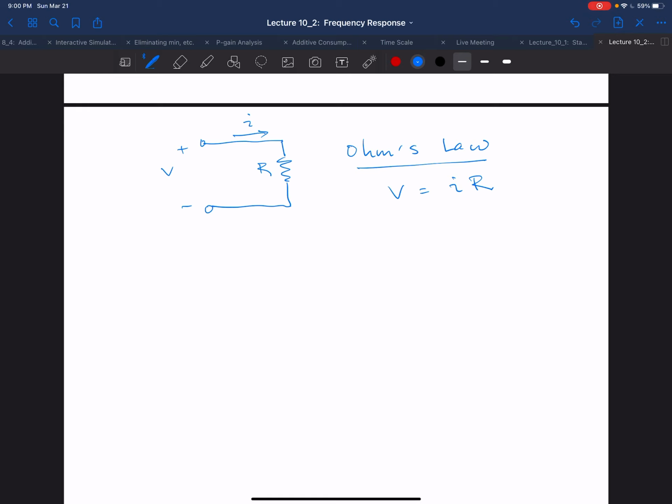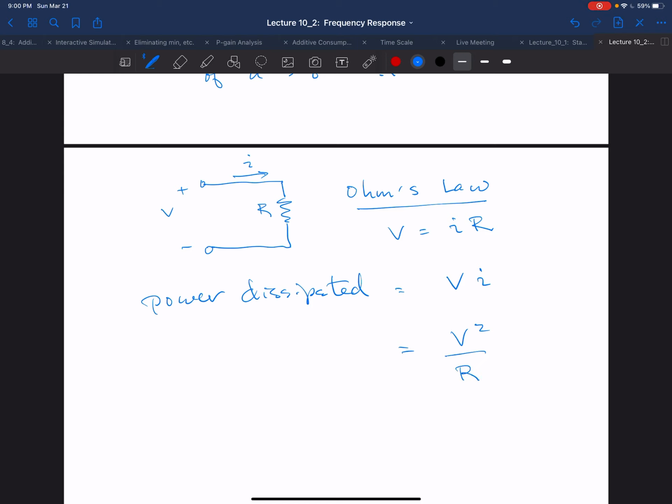But the power dissipated by the resistor is the product of the voltage and the current, V times I. Now, if we wish, we can use Ohm's law to express this power in terms of just V or in terms of just I. So I is just V over R, so we could write it as V squared over R. Or alternatively, we could write V as IR, in which case we get I squared R. In either case, the power is proportional either to the square of the voltage or to the square of the current.